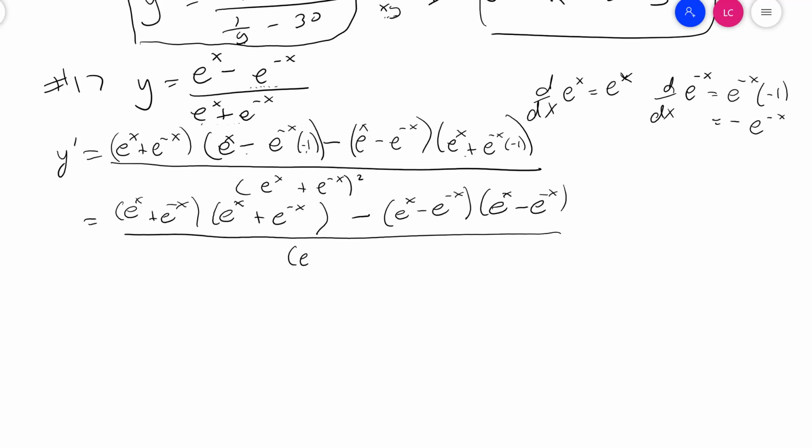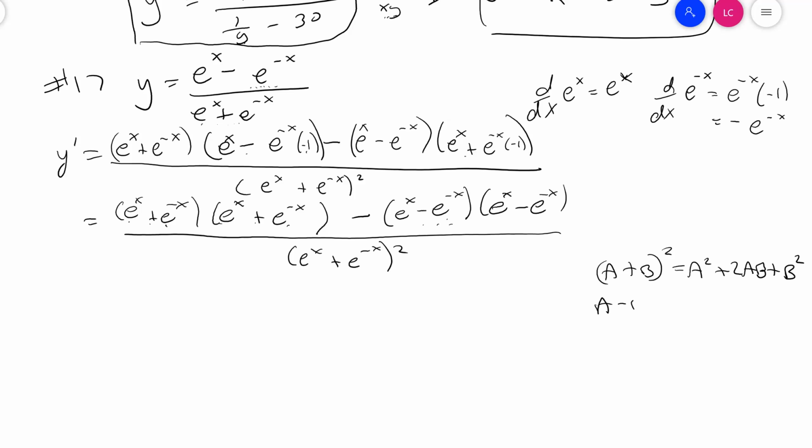Okay, so let's look at what we've got up here. All right, look at this. I have a plus b squared, right? I want you to be able to do this quickly if this is not already familiar to you. And look at this, this is a minus b.